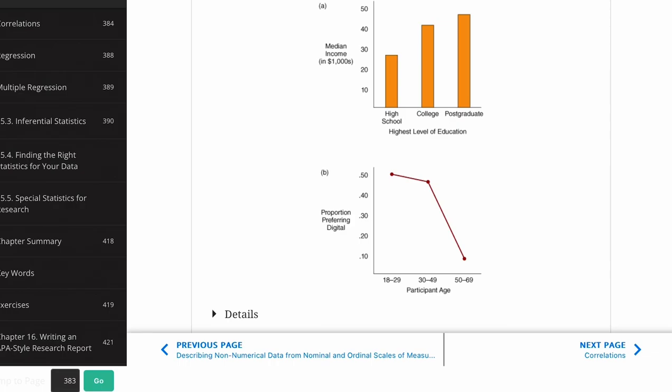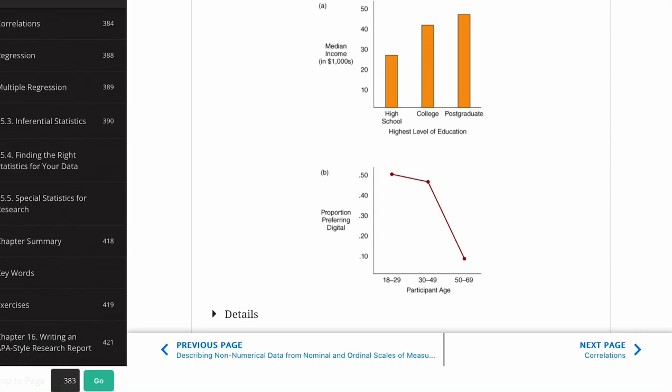Higher median income. For the bottom graph, it's age. The 18 to 29-year-olds, 50% preferred digital. I don't know exactly what this study is, but you can see that the highest proportion was for the 18 to 29-year-old age group, and the lowest was for the 50 to 69-year-old group.